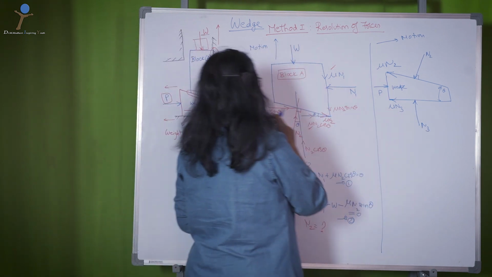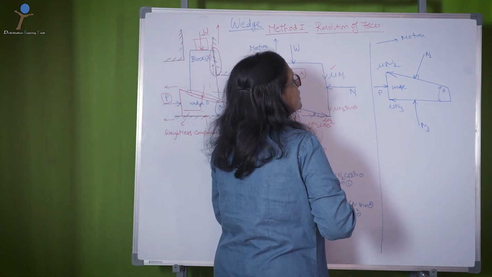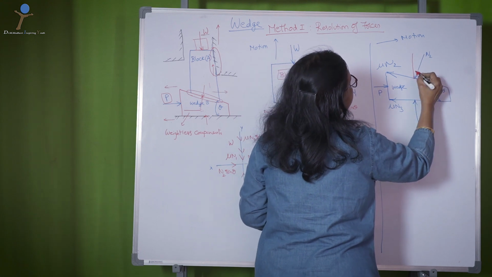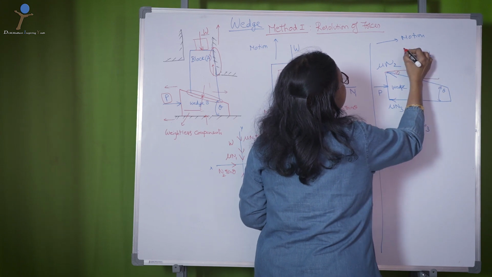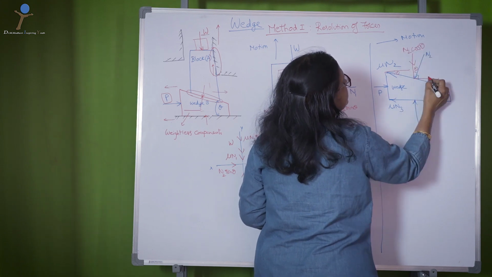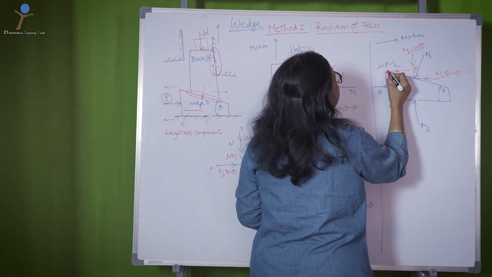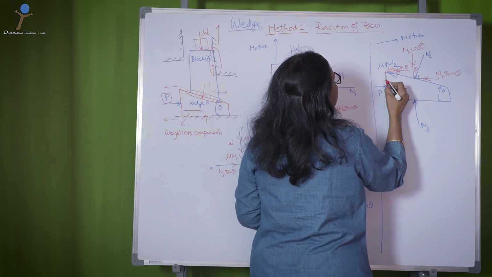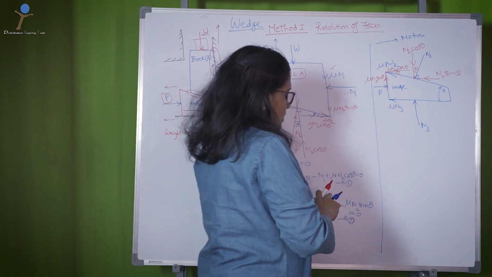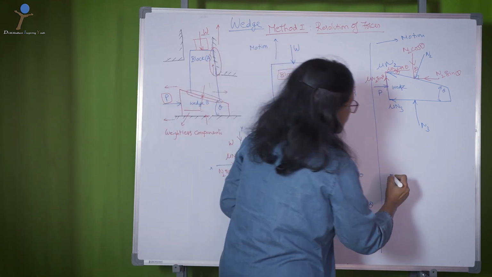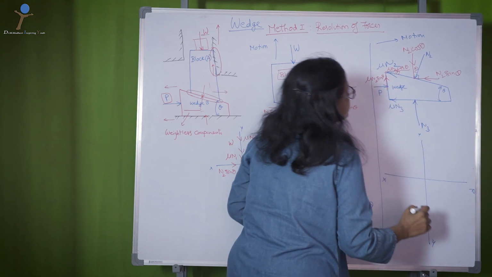These are due to the ground surface onto the wedge. Now, if you resolve these forces again, if this is theta, this is again theta, so this becomes n2 cos theta, this becomes n2 sin theta, and this becomes mu n2 cos theta, and this becomes mu n2 sin theta. So, put them again in x axis and y axis, all the forces. This is x, y forces.